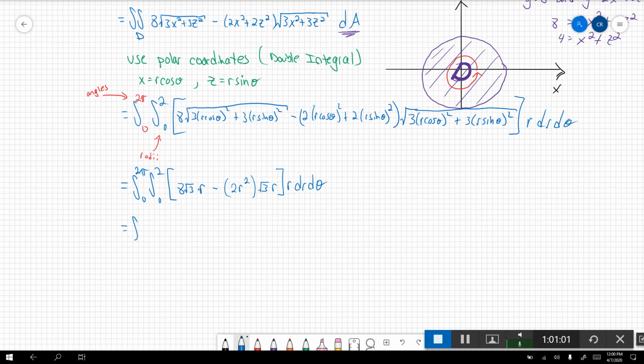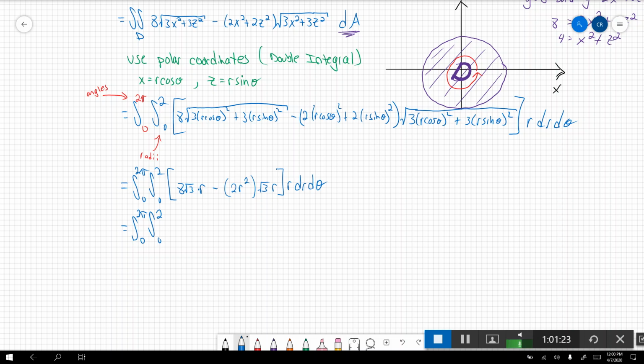Now, from 0 to 2 pi, and then from 0 to 2, let's go ahead and distribute those r values. I see a constant of root 3, so I think I can factor out a root 3, and it'll look kind of nice.